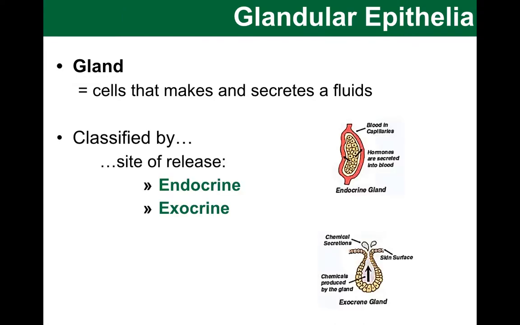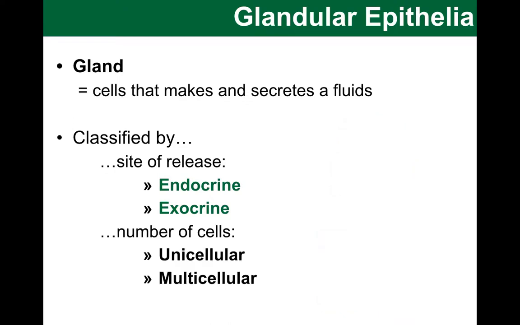And these can be classified in two ways. Firstly, based on the site where the products, these secretions, are released. This gives us endocrine glands, where secretions are typically released to the bloodstream and act throughout the body. A good example would be hormones. And exocrine glands, where secretions are released locally and act on that site. A good example would be sweat glands.